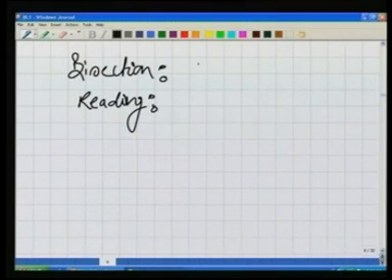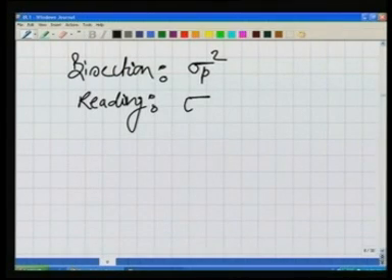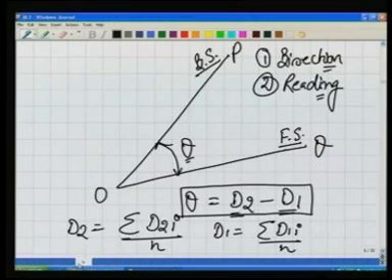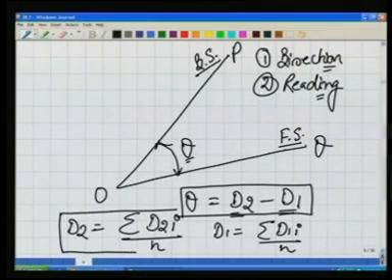Let us say the standard deviation for bisection error is sigma p square, and for reading error is sigma r square. Now as we have seen, in the method of reiteration, our D2 is the average of all the four sides. Now what is one foreside?